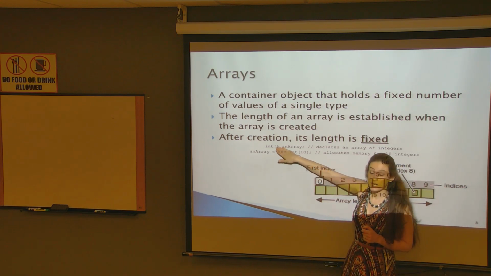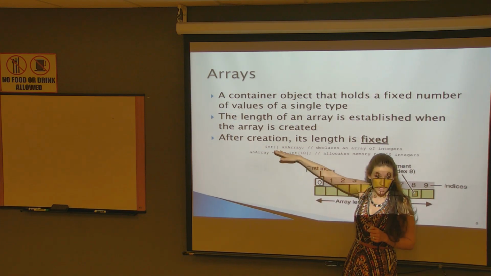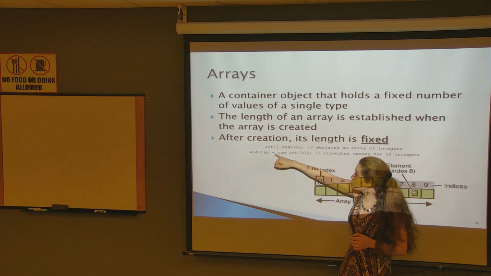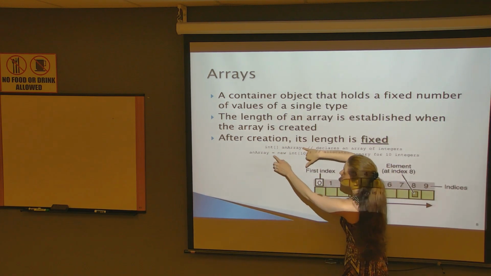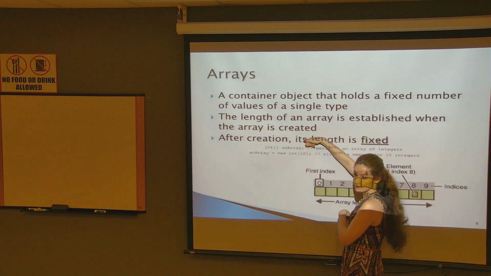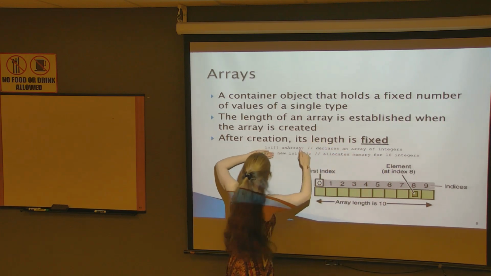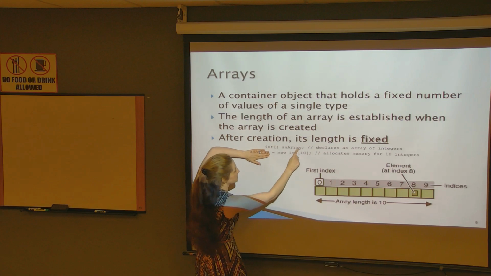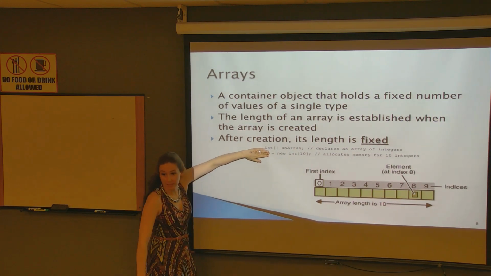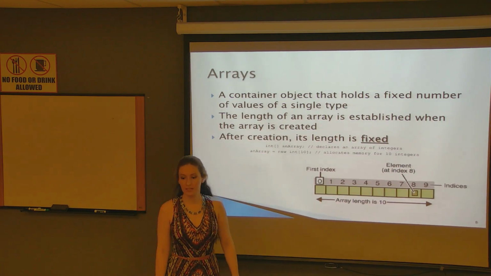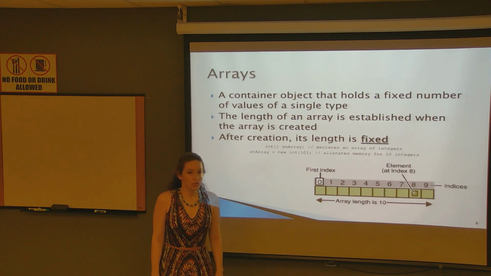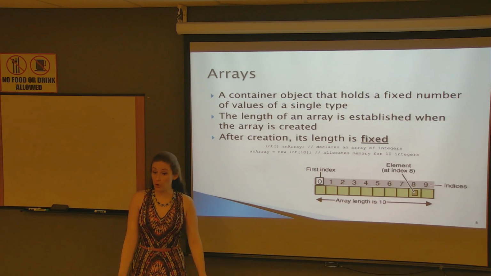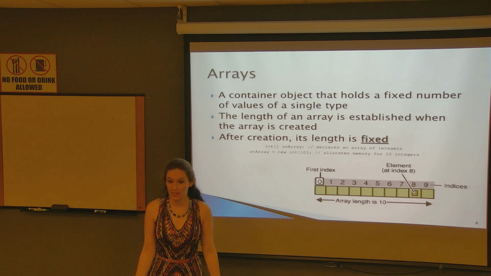By the way, you don't have to do this in 2 lines. You could have just as easily done it in 1 line. In other words, you could say this, and then right next to it say equals new int 10. That makes sense? So you can cut out the middleman and just continue on this way. Why do you have to say new? An array is actually also a type of object in Java.